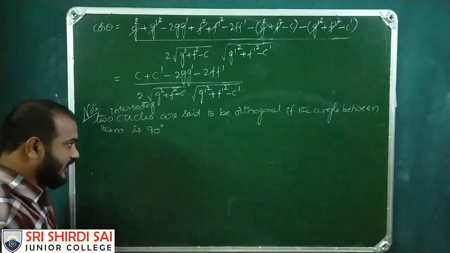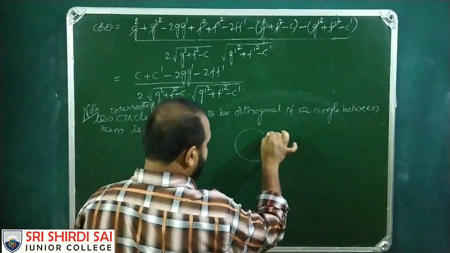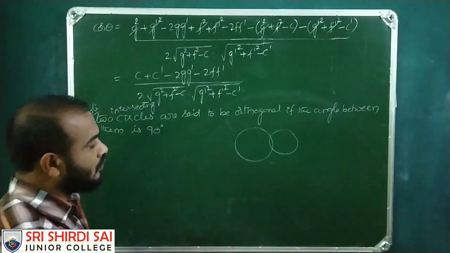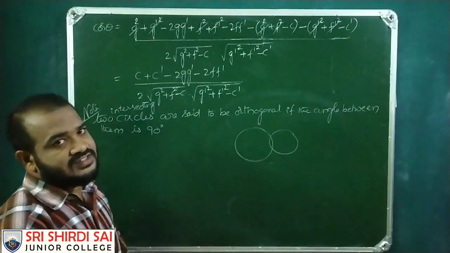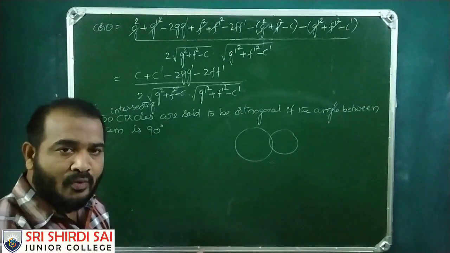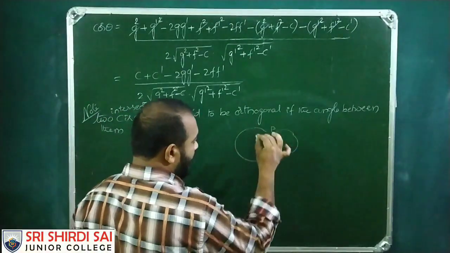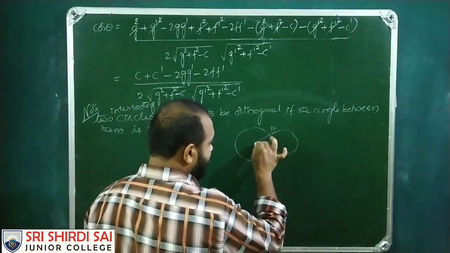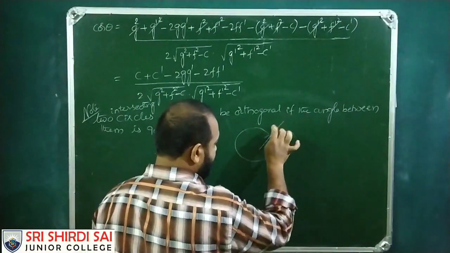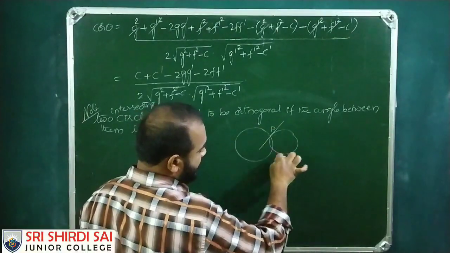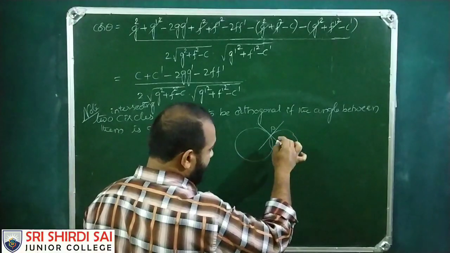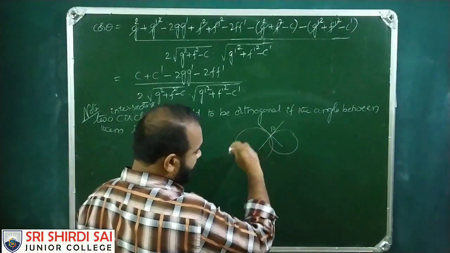What I am trying to say is, let us take the two circles. The angle between the intersecting circles is also known as the angle between their tangents drawn at the point of intersection. Let P be the point of intersection. Let us take this to be the tangent of the second circle, and this to be the tangent for the first, big circle.